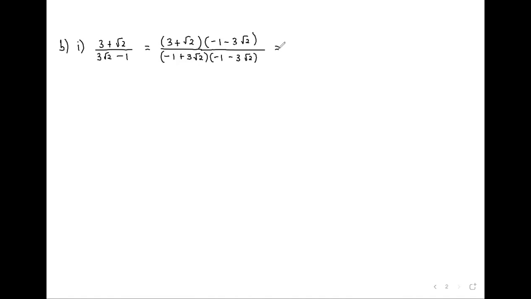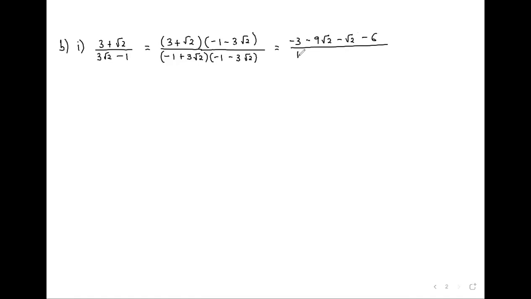So now you multiply, we have negative 3 minus 9 root 2 minus root 2. And then the 2 times root 2, we get 2, 2 times 3, we get 6. Over negative 1 times negative 1, we get positive 1.